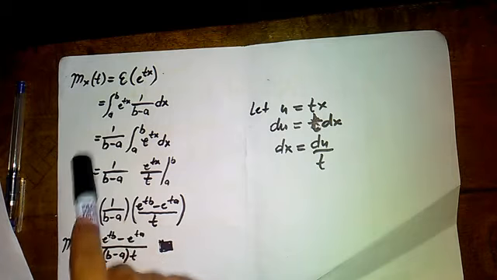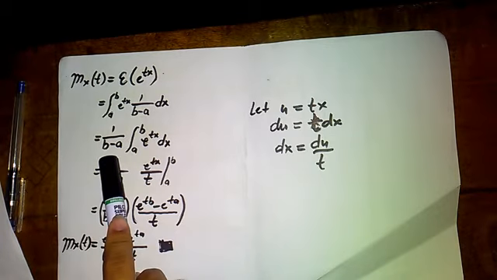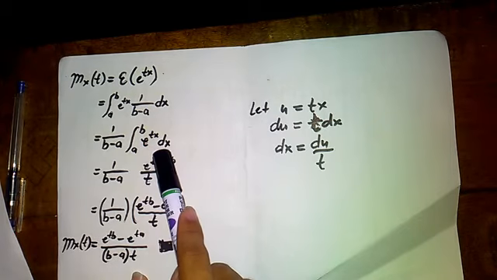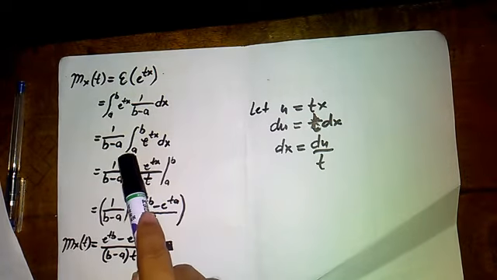Like the constant rule, 1 over b minus a times the integral of e raised to the power of tx dx evaluated from a to b.